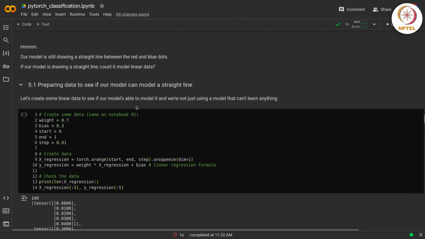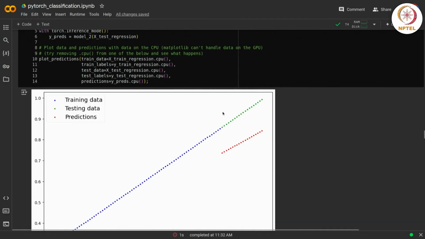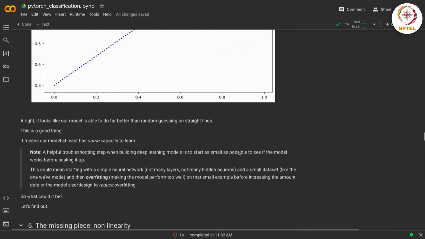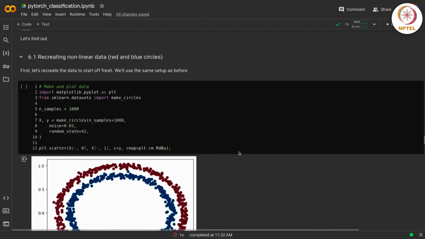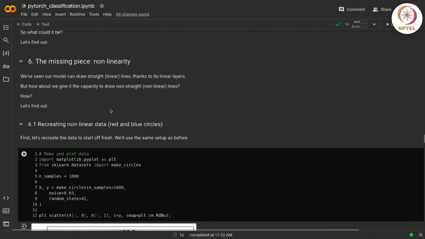Here is some code to verify whether the model is good enough to fit linear data. You can use the same network to fit linear data, and you can see that it is good enough to fit it. But the missing piece here, where we have this kind of data to classify, is a non-linearity.